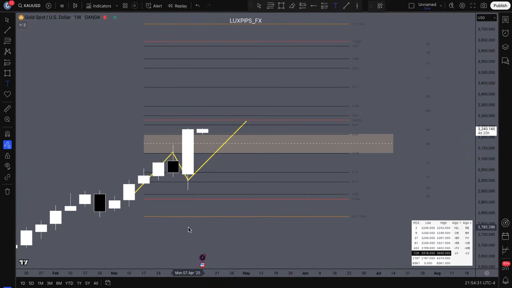Why is that? Because at EQ, you can expect consolidation. This is the equilibrium of the range. So here, price can tap into the EQ, and then it can decide, do you want to keep going up or do you want to keep going down?